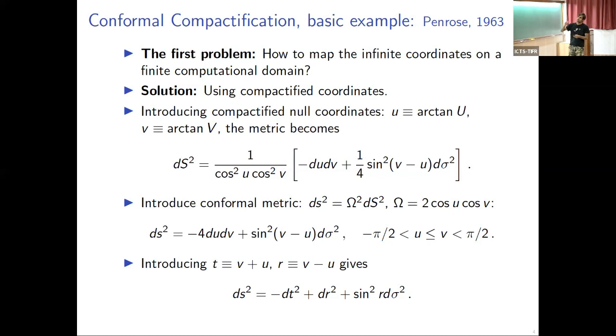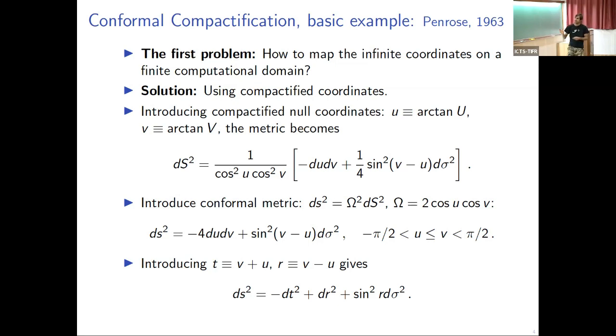If we introduce compactified null coordinates denoted by small u and small v, which are defined as arctan of big U and arctan of big V respectively, this is how our metric looks. Small u and small v take values from minus pi by 2 to plus pi by 2.